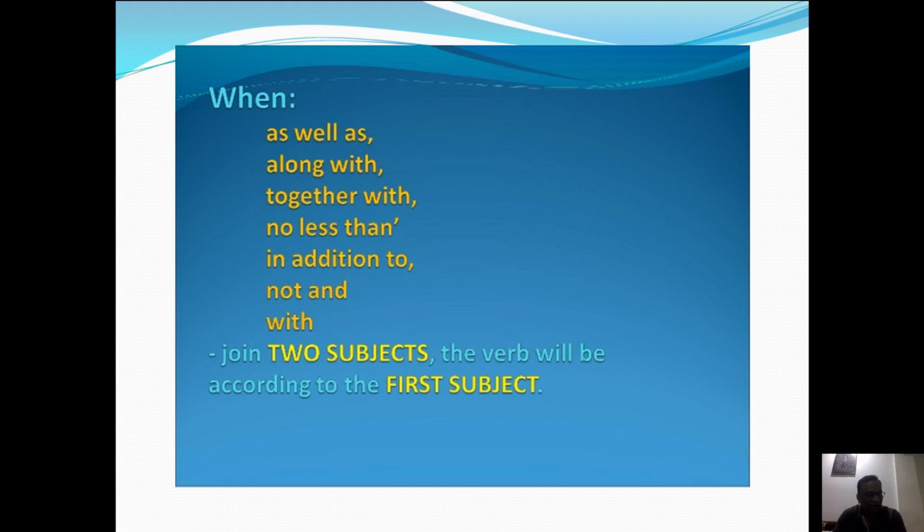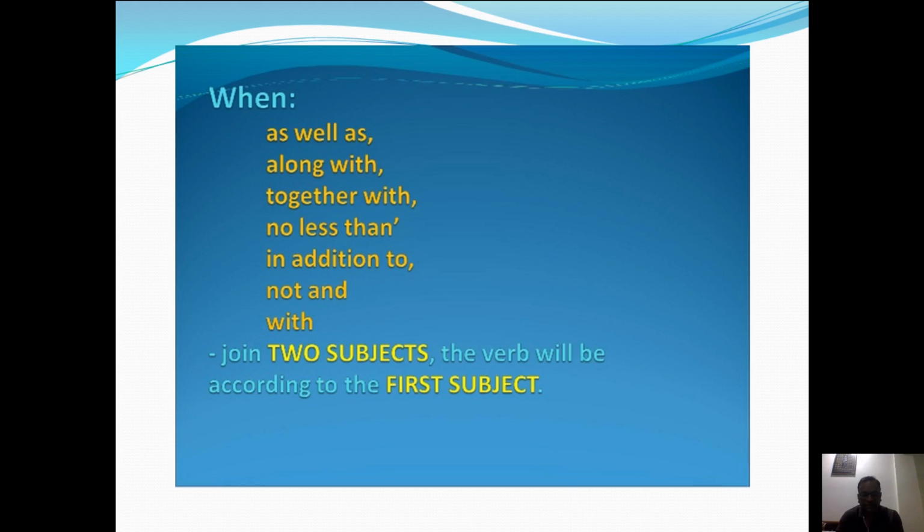We all know that once you read one time, you don't look back, because you feel that you have knowledge about it. But if you look at the slides and understand the concept, you will never ever forget it in your entire life. When, as well as, along with, together with, no less than, in addition to, not and with join two subjects, the verb will be according to the first subject.